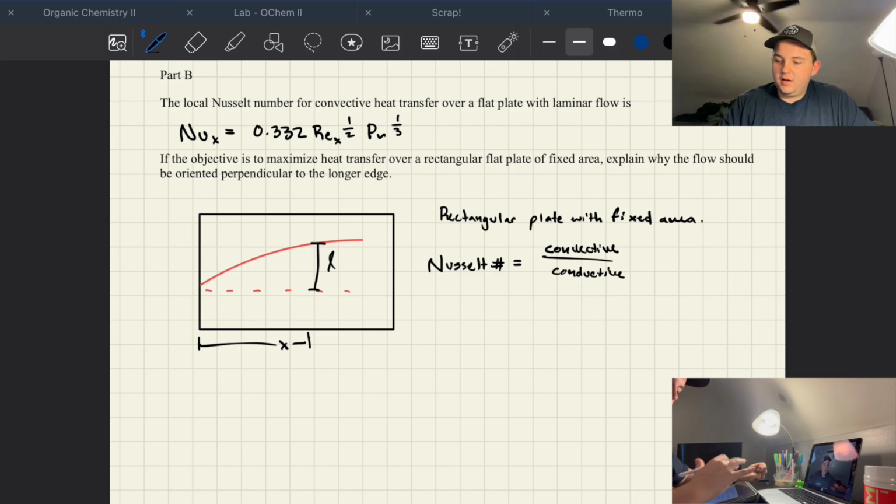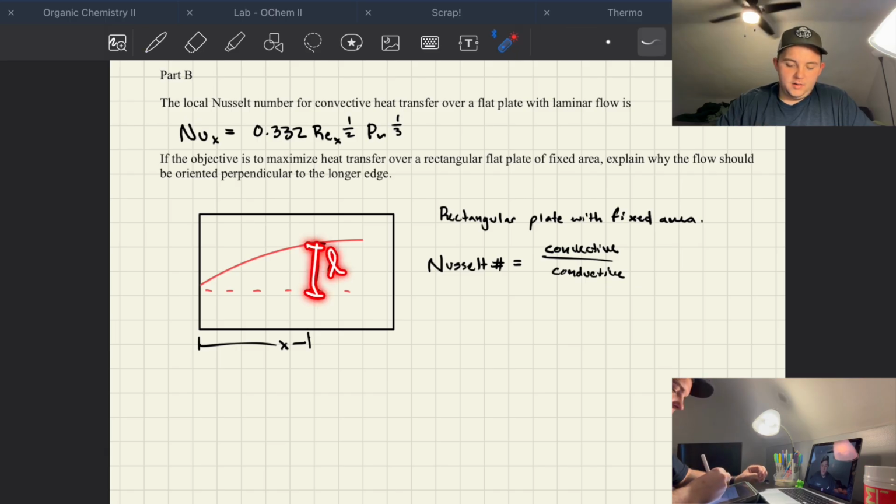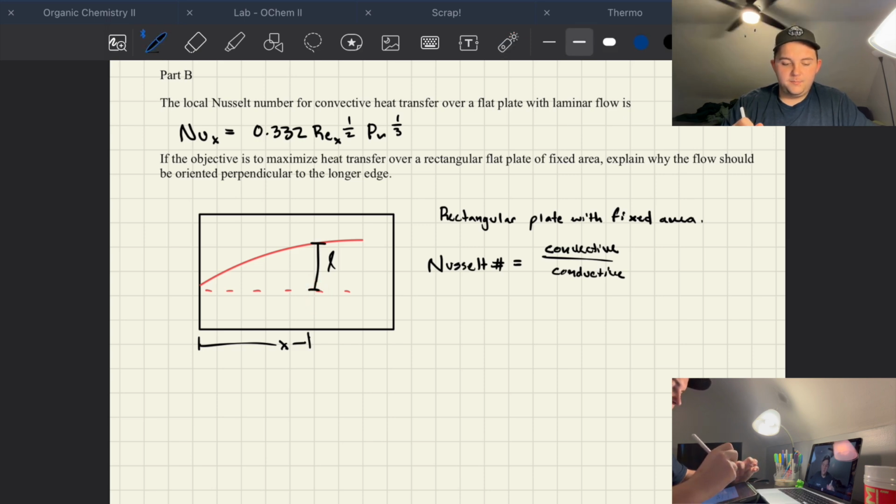Here I have our boundary layer forming, which you can see in the red. And then here to here is our length, which we'll be using later. From here to here I defined as x. So from our starting point where the fluid interacts with the plate to where our length is measured, I defined as x.